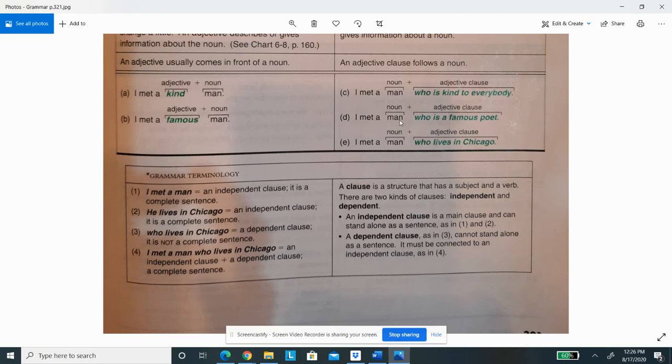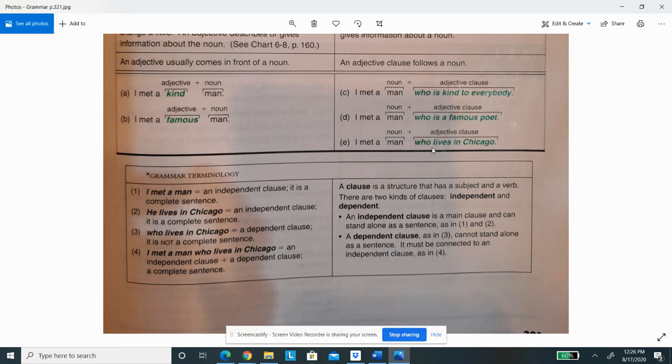If I told you, I met a man, that is a complete sentence. And a complete sentence can have a period, or you can connect it to a dependent clause. In this case, we're connecting these independent clauses to an adjective clause.